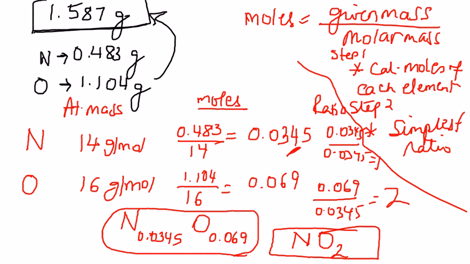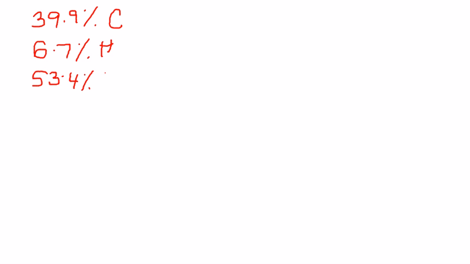Okay, let's take it one step further and work on a problem where sometimes if we have been able to calculate the empirical formula mass, how we can utilize that to actually get the complete molecular formula. Let's work on that. There is a question on slide 19, I believe, on acetic acid. The question is, acetic acid contains 39.9% carbon, 6.7% hydrogen, and 53.4% oxygen.